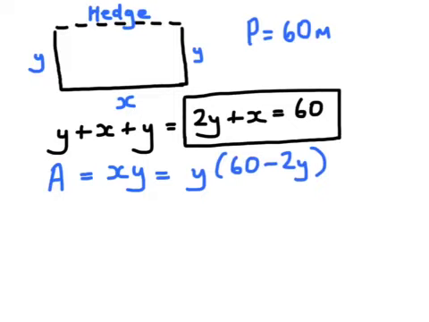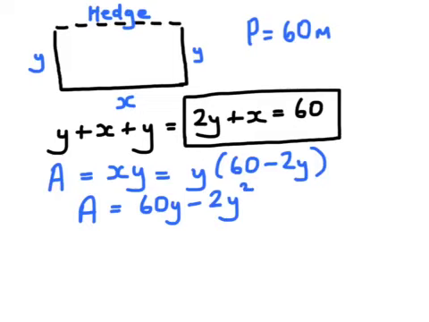Just to recap, I've taken an expression for x from here and substituted it into the expression here. So it's going to be y times 60 minus 2y as an expression for the area, and that gives it to me in terms of y. So just to simplify, A is going to be 60y minus 2y squared.